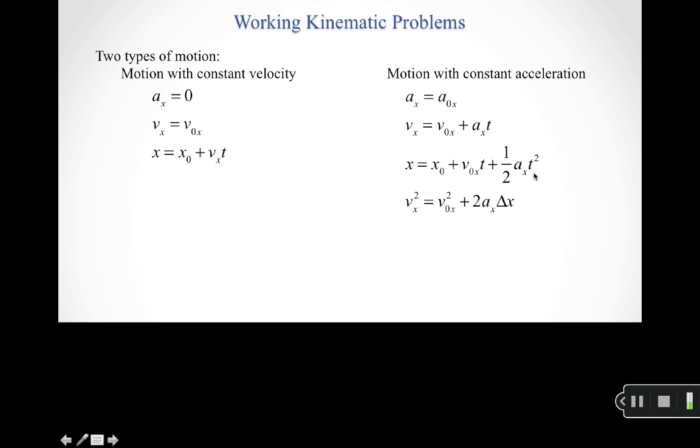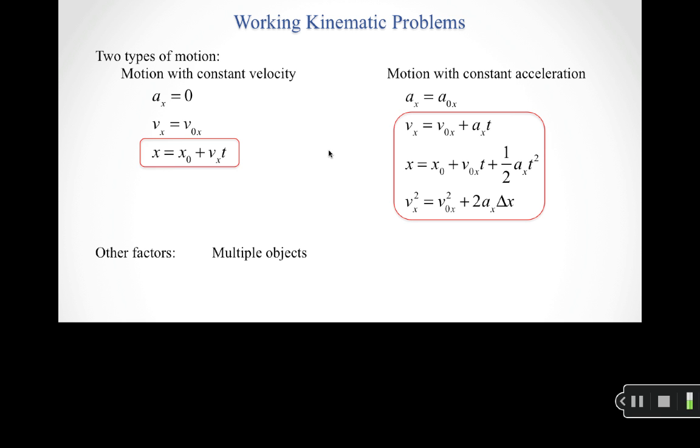My position is time dependent as a quadratic, and I have this additional equation that we saw that basically relates my velocities and my positions without time. So there's really 4 equations here that we're going to need to be able to use in working kinematic problems. There's some other factors that will help add to the confusion.